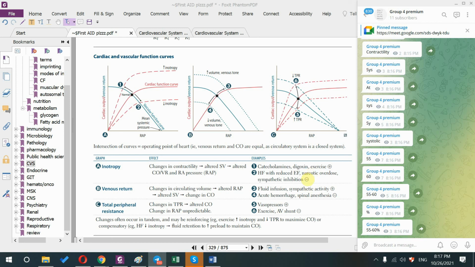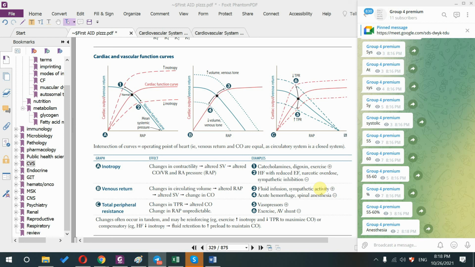We also have here, they mention sympathetic inhibition. So when there is sympathetic inhibition, can you guys give me an example of something that can lead to sympathetic inhibition? Anything you can think about. What can inhibit your sympathetic nervous system? Well, yeah, anesthesia. What about medication? Give me a medication. One medication I kept annoying you with, guys.